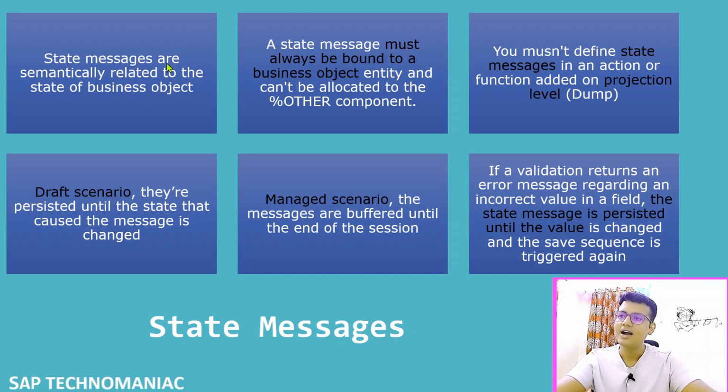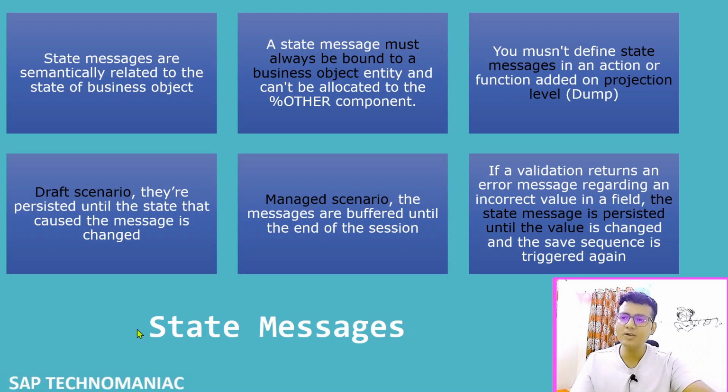And something else, in the draft scenario, state messages will be saved along with the data in the backend. They are persisted until the state is changed. Until you change the state, they persist along with that state, and as soon as you change the state, the messages will be changed or invalidated, or new messages will be derived along with the other state.